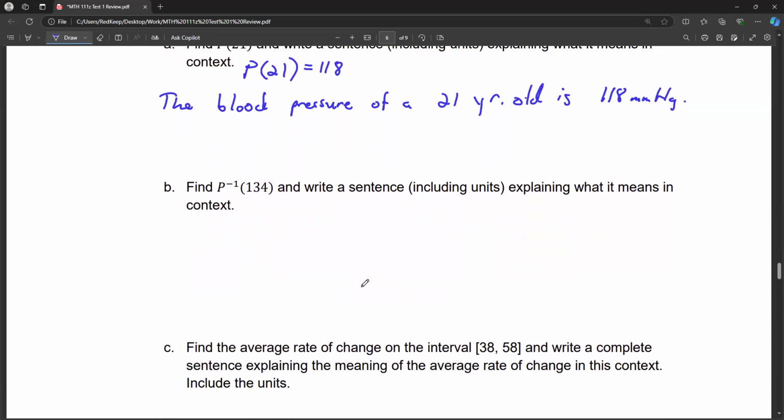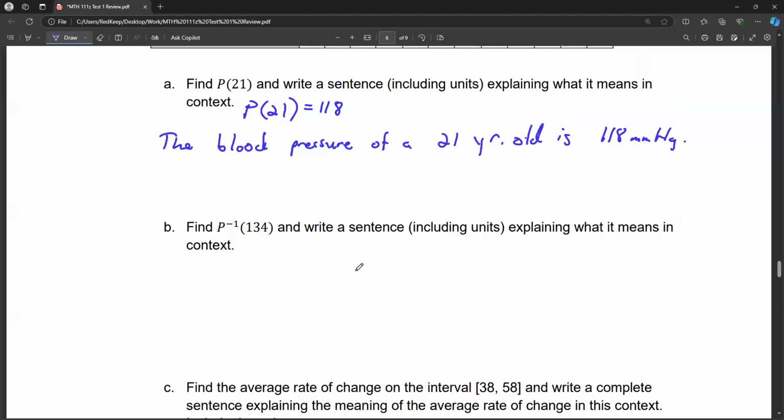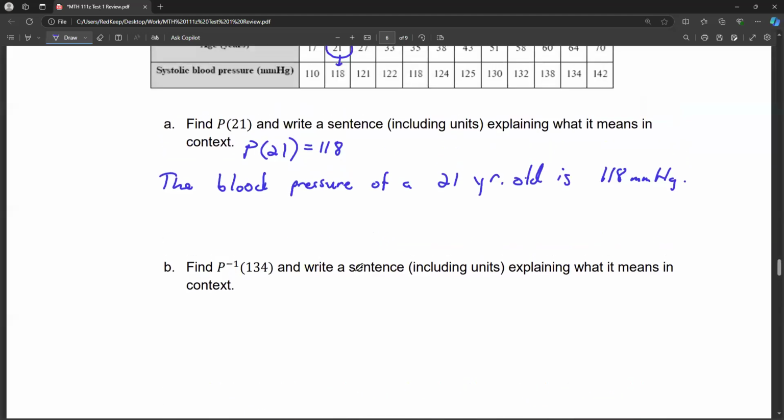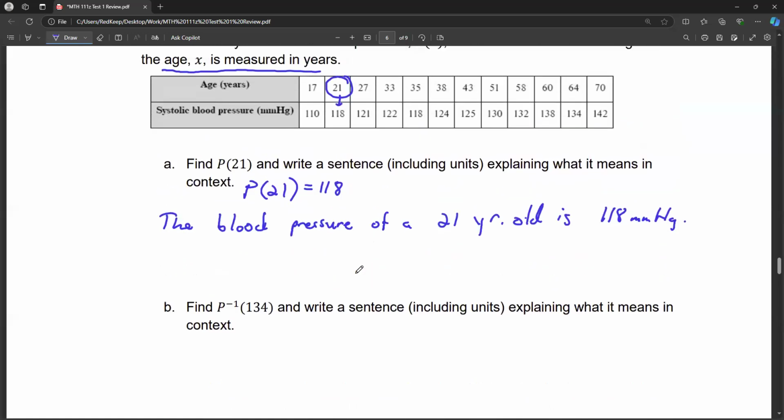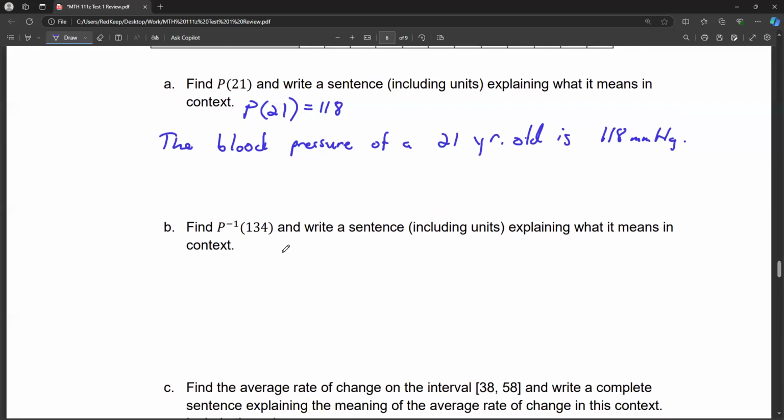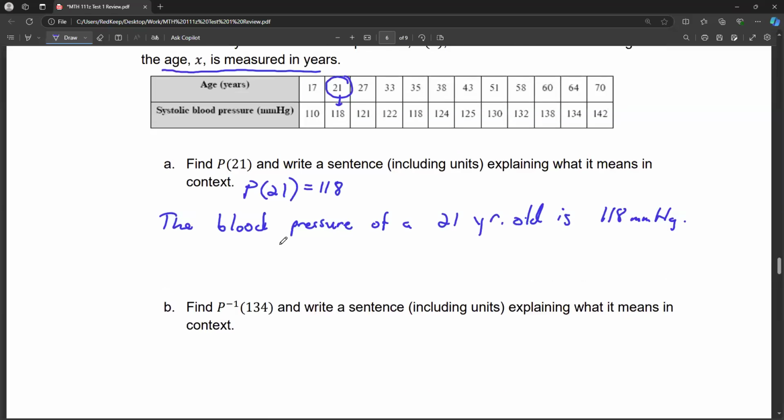So in this scenario, right, we're asking ourselves when the output is 134, right, because the inverse is dealing with the outputs of the original function and putting them as the inputs in the inverse function. Sorry if that wasn't clear. What part B is asking us is what would be the input in the original function that indicates 134 as the output from the original function.